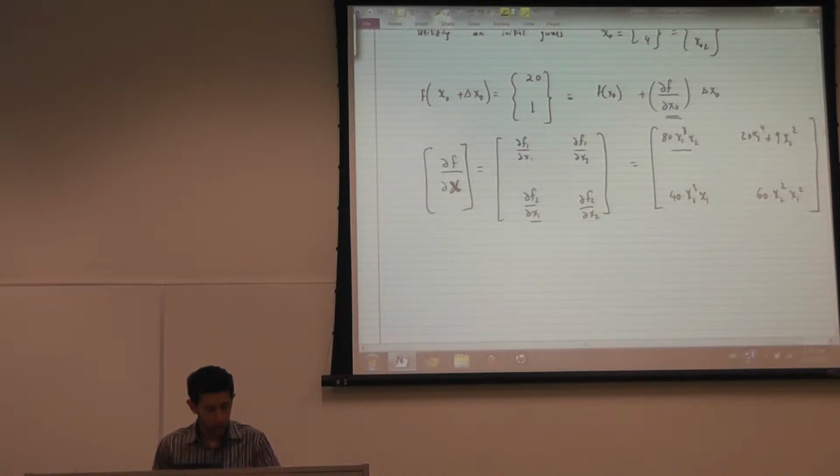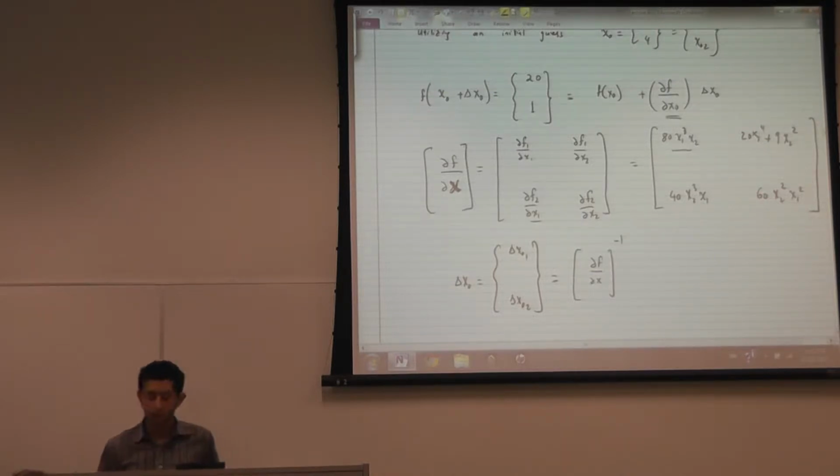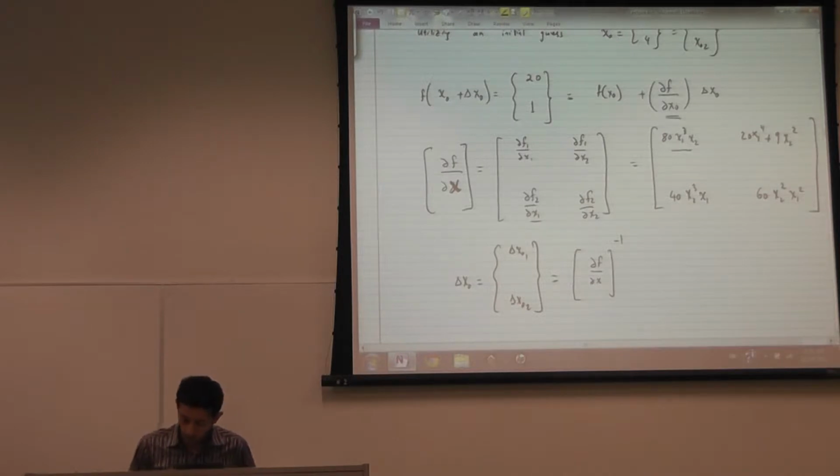And so delta x naught, which is the vector made out of delta x naught 1 and delta x naught 2, will be equal to the partial f by partial x matrix, to the power -1, the inverse of that matrix, multiplied by the vector made out of 20 and 1.